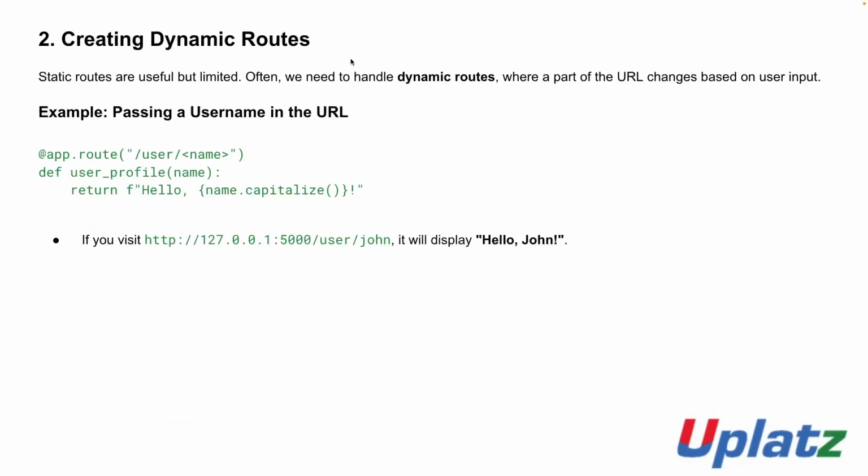Creating dynamic routes. Static routes are useful but limited. Often we need to handle dynamic routes where a part of the URL changes based on user input. Example, passing a username in the URL: @app.route('/user/<name>'), def user_profile(name): return f-string, 'Hello, ' and name.capitalize().